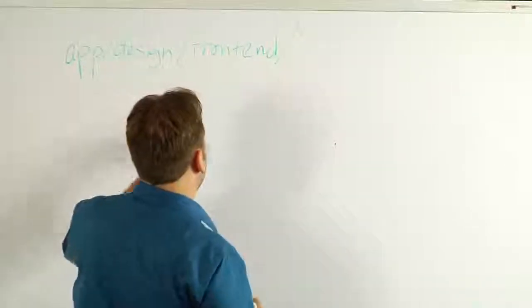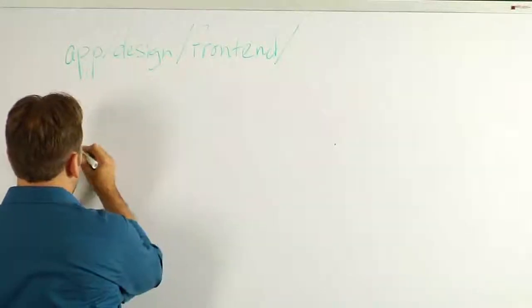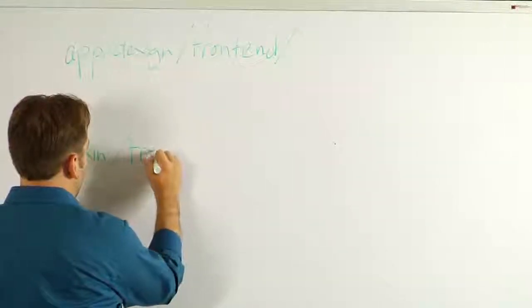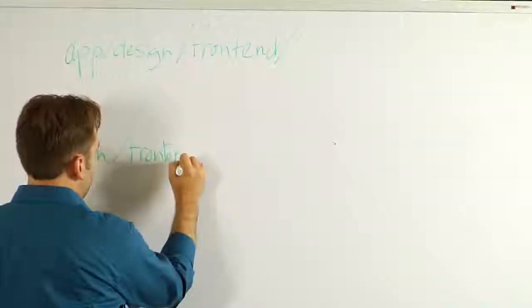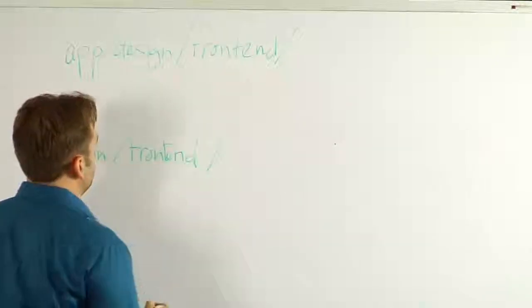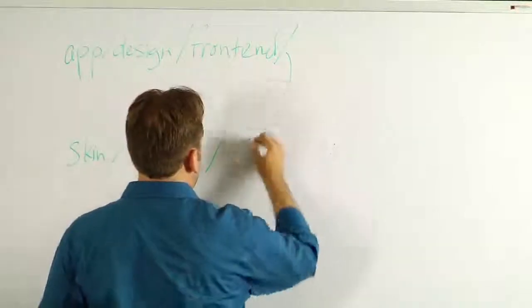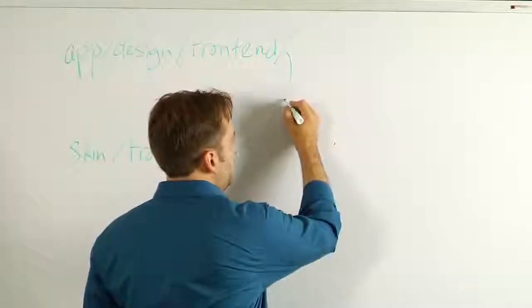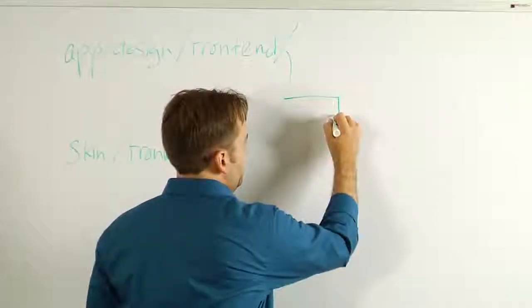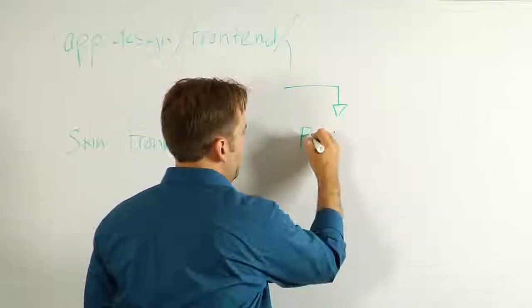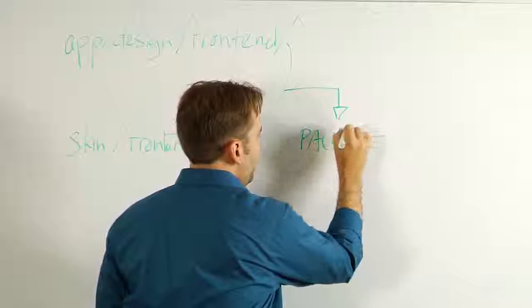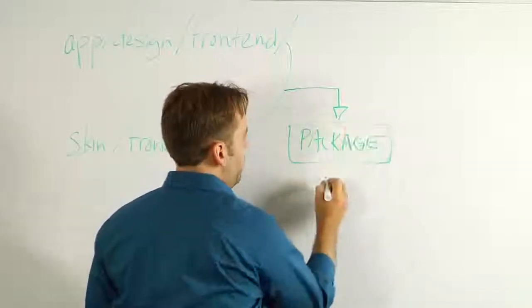So app design front end and skin front end. Okay? So really these two levels. Because under here is where we get our package and theme.